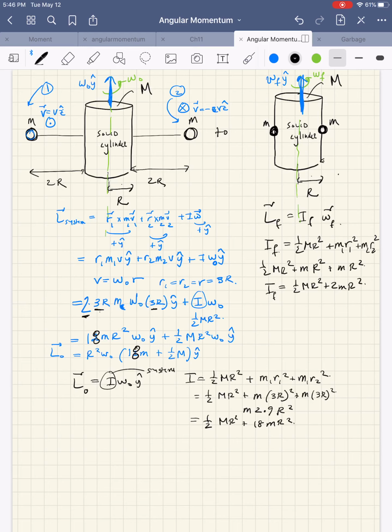And so if I write this as I final omega final y hat, I can set these two values equal to each other.